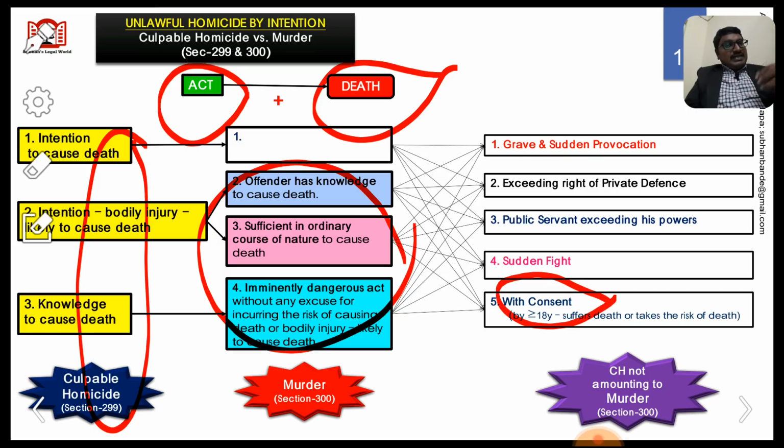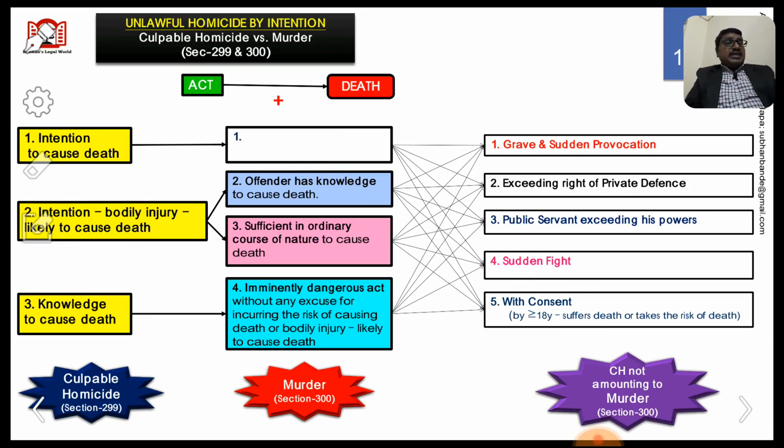If the victim takes the risk of his own death, that does not amount to murder, but it is a culpable homicide not amounting to murder. The victim has given the consent, but the accused has intention, he has mens rea to cause the death of the person. It also amounts to culpable homicide not amounting to murder.